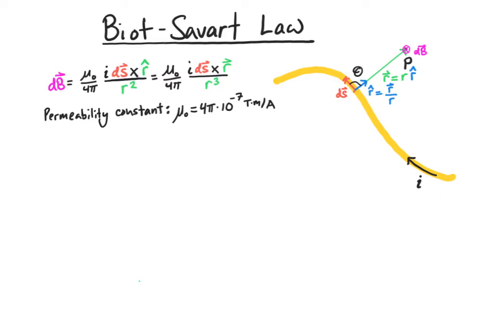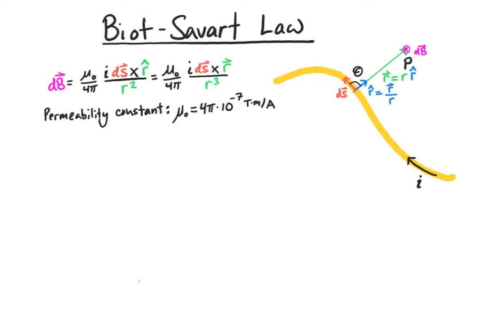And in fact, the Biot-Savart law can be thought of as Coulomb's law for magnetism. It has a very similar form. In the denominator, we have 4 pi r squared, just like we have for electrostatics. We have a permeability constant instead of a permittivity constant. And the numerator is where things get a little bit different.